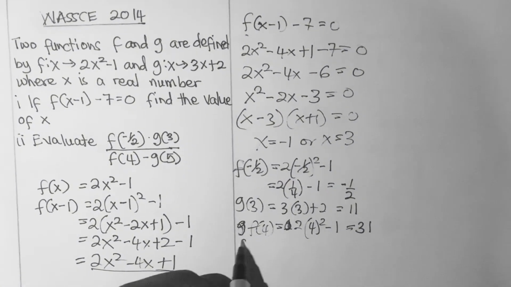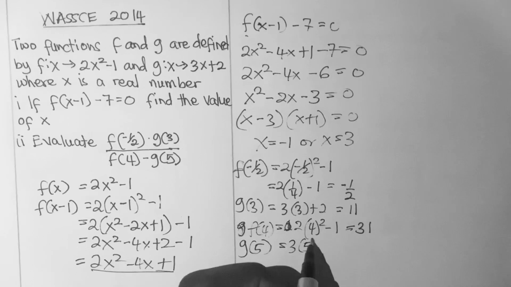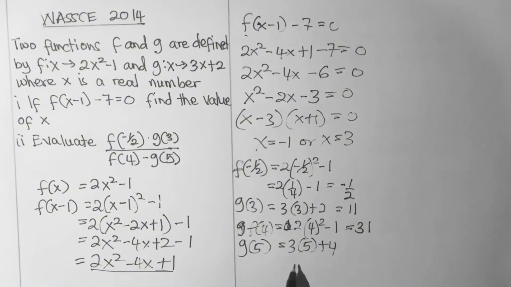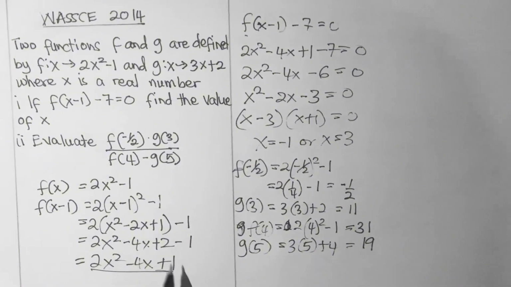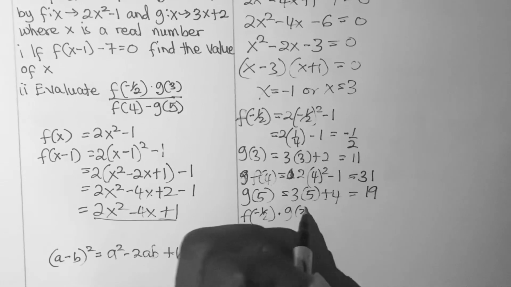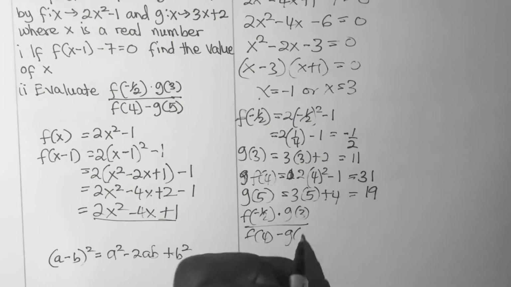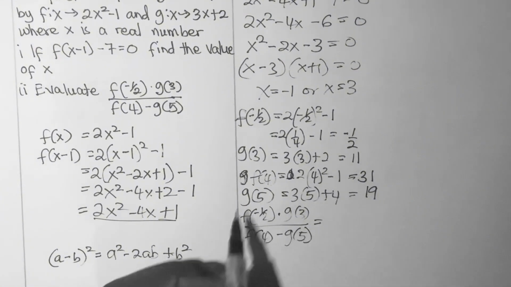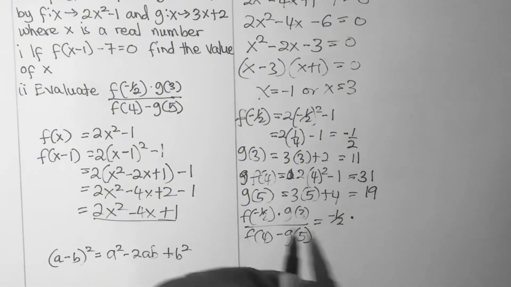Then now let's find g of 5 equals 3 times 5 plus 4. 3 times 5 is 15, plus 4 is 19. So f of minus 1 over 2 times g of 3 divided by f of 4 minus g of 5 equals f of minus 1 over 2, which is minus 1 over 2, then times g of 3.